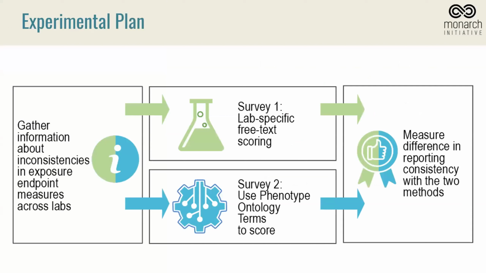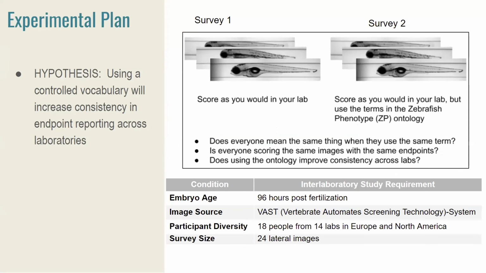To do this, we came up with an experiment to have participants take 2 surveys, wherein we showed them pictures of zebrafish and asked them to annotate. In the first survey, we just give them a blank space to do their annotations. In the second survey, we provide them with ontology terms that they can pick from to score the embryos.